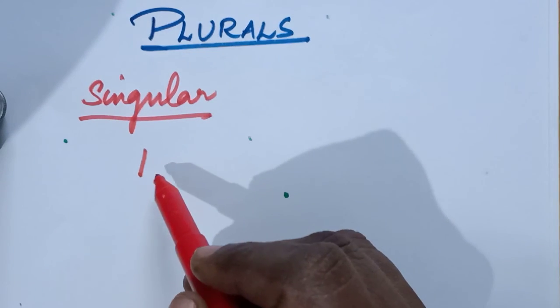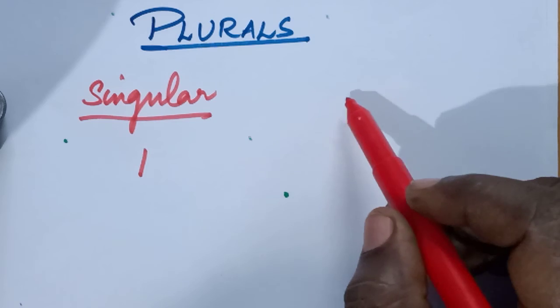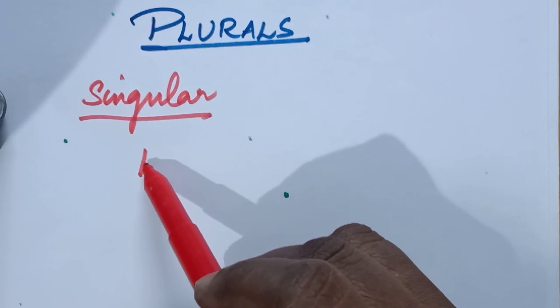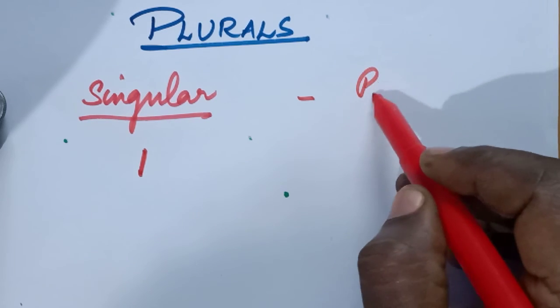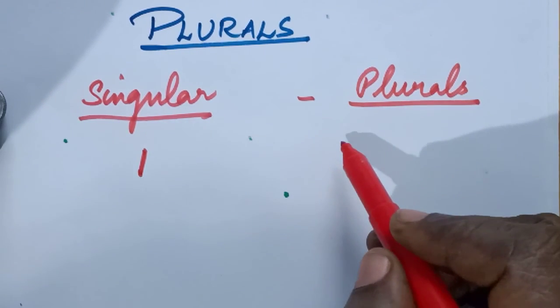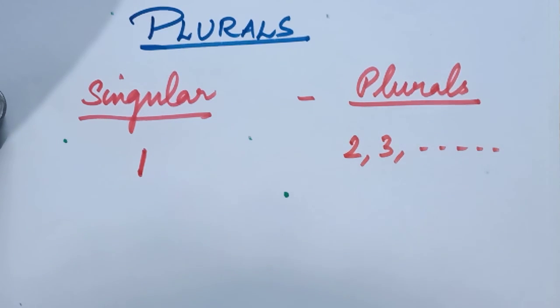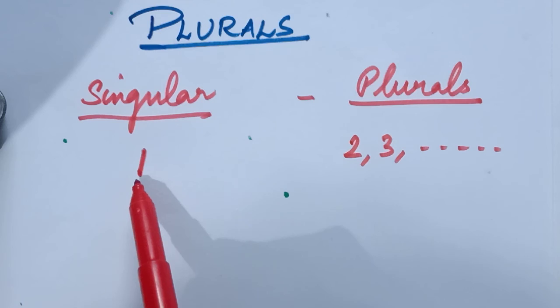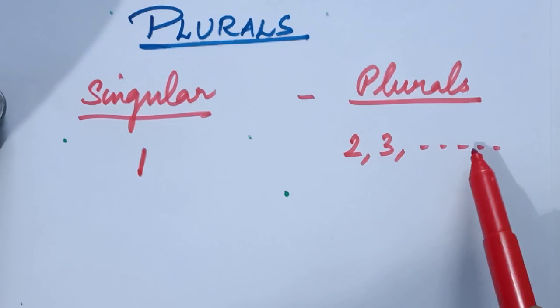It can be a person or a thing or an animal, whatever it is. If you represent it in one, it is a singular. And what is plural? Plurals are more than one, which is 2, 3, etc. So singular is just one and plurals are more than one.